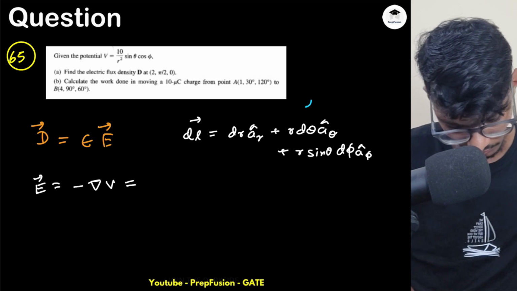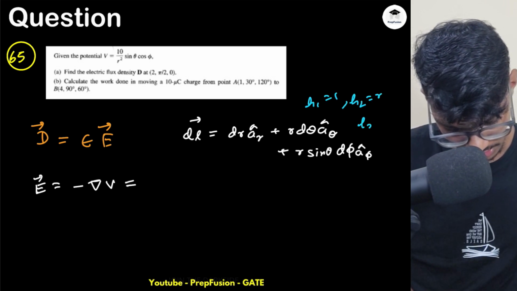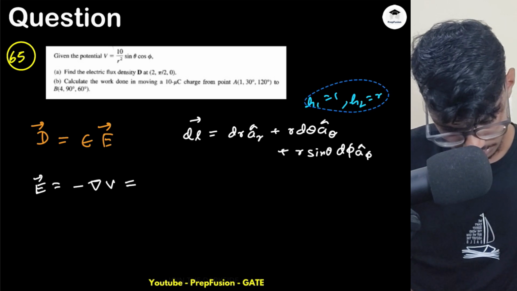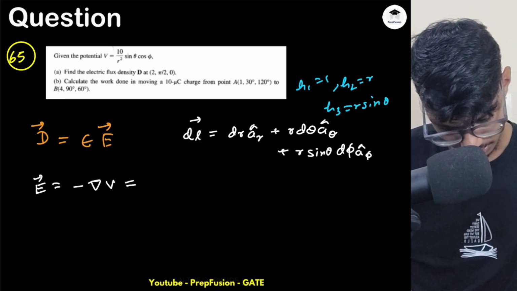From here I can recall my h1 is 1, my h2 is r, my h3 is r sin theta, right?